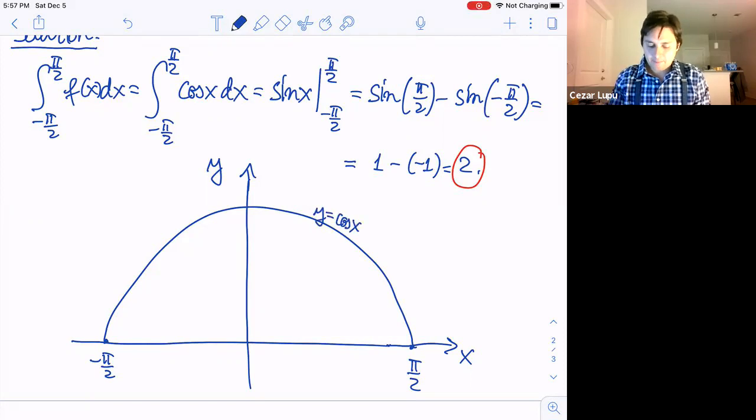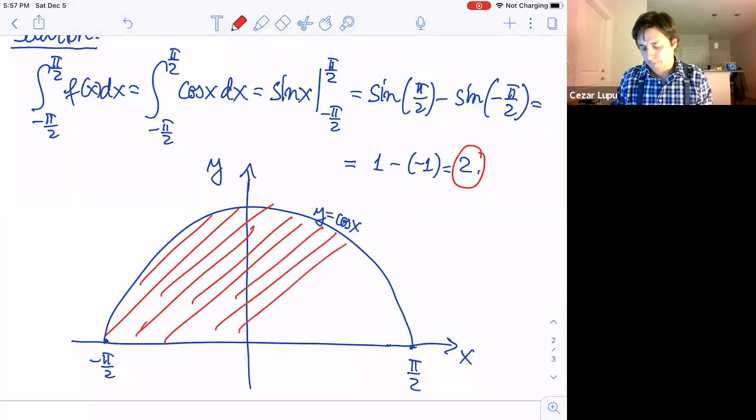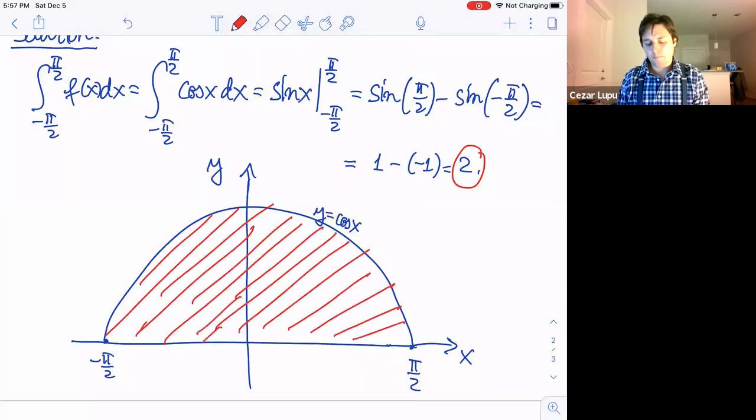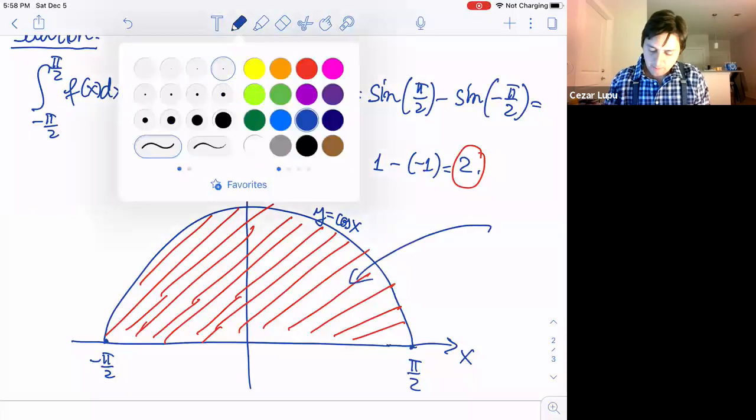So the area under the graph, you see this area here, right? This guy here is nothing else than this integral.